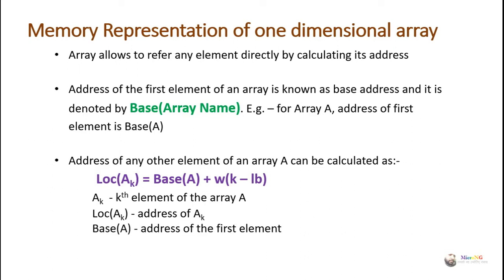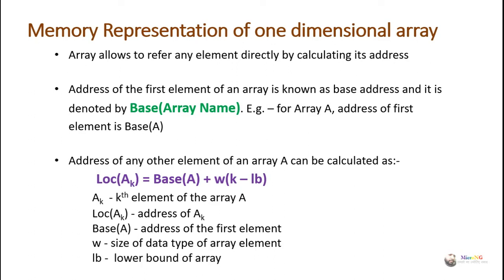Base of A, the address of first element, and W is size of data type of array element. So every element in an array will be having constant size because it is having same data type. Every element data type should be same in array. So the size of data type of array element is known as W. And K is the kth element whose memory address we have to calculate, and LB is the lower bound index of the array.